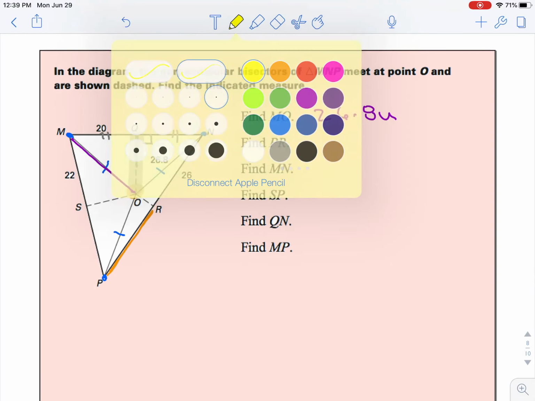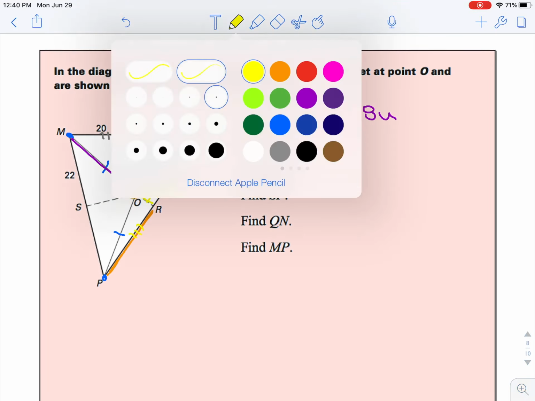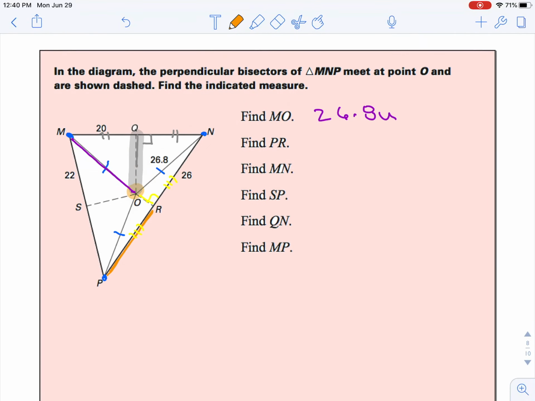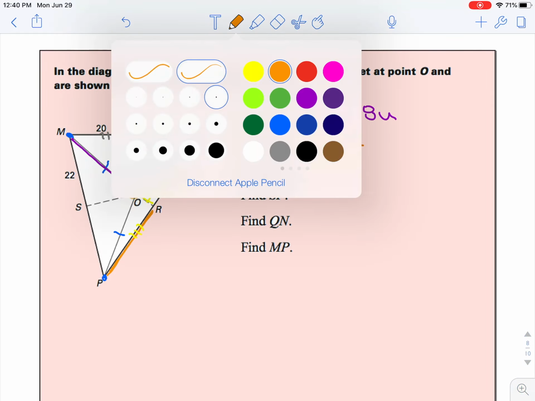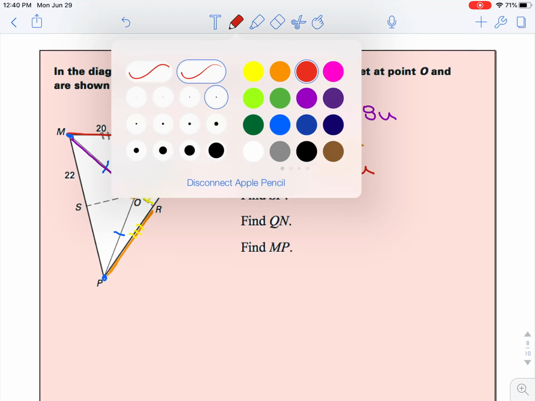And again, because this is a perpendicular bisector right here, that makes this perpendicular and bisecting it. So that makes PR the same as RN. So that would make it 26 units. So how about MN? So MN is this whole segment. And so if this half MQ is 20, so is QN. So that is 40 units.